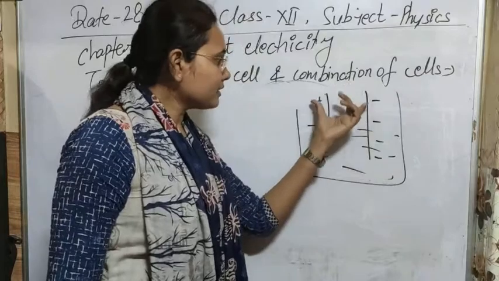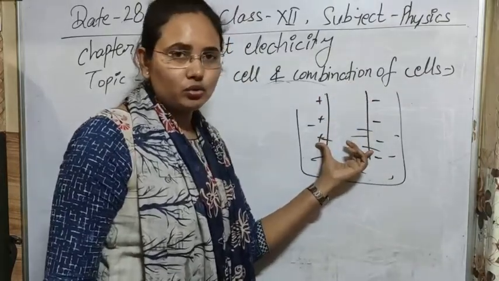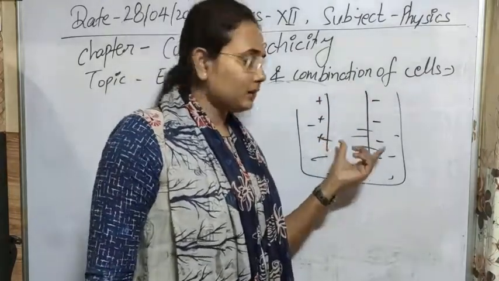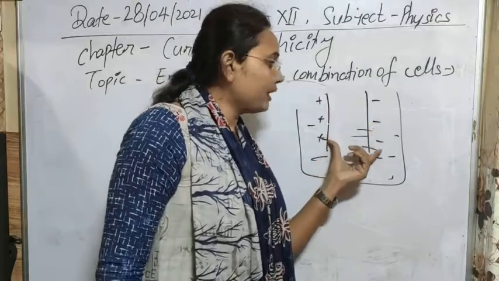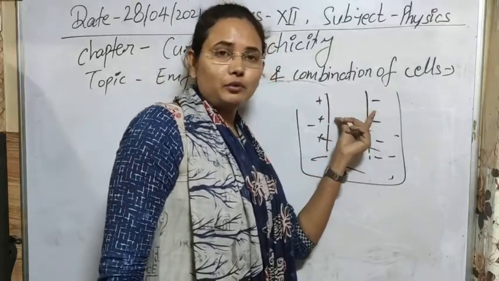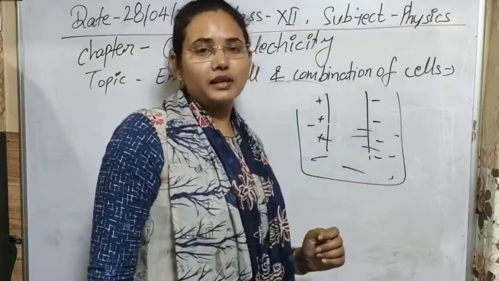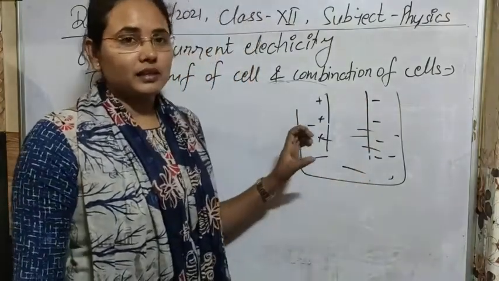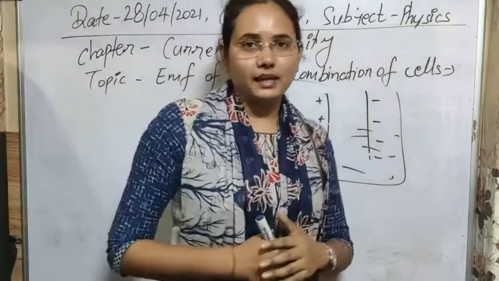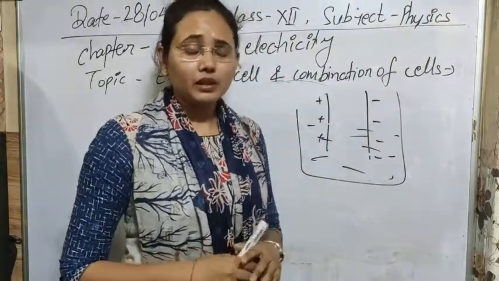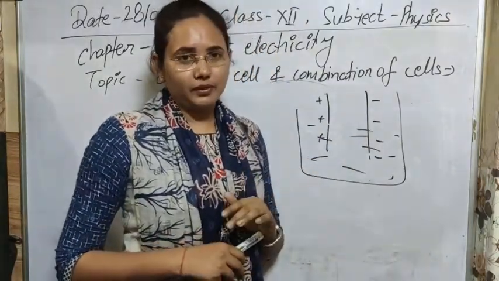If positive and negative polarities are accumulated on these two, separated by some distance, then definitely some potential will be generated here. That potential difference, when we make this cell, is known as its EMF.